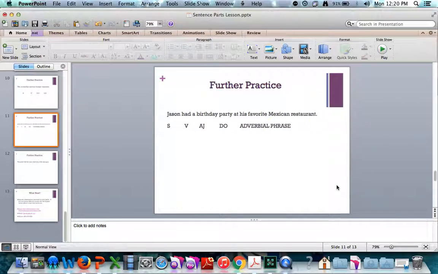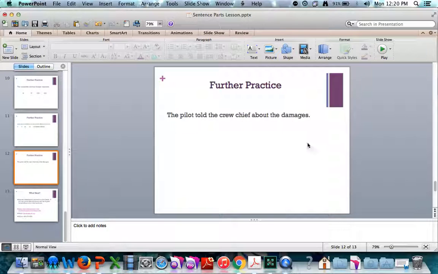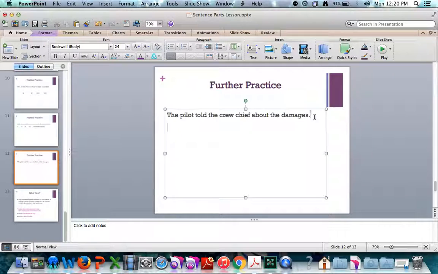Another sentence to practice on is the pilot told the crew chief about the damages. In this sentence, our subject, can you identify it? That's right, it's pilot. Can you find the action word or the verb?